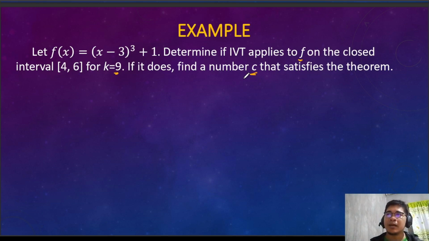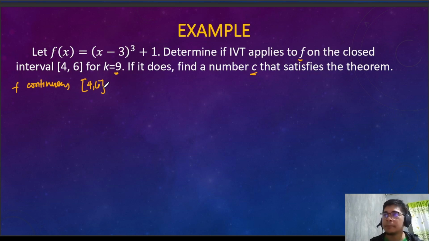To determine the IVT, we need to satisfy two conditions. Number 1, our f must be continuous on our closed bounded interval, or closed interval 4 and 6.